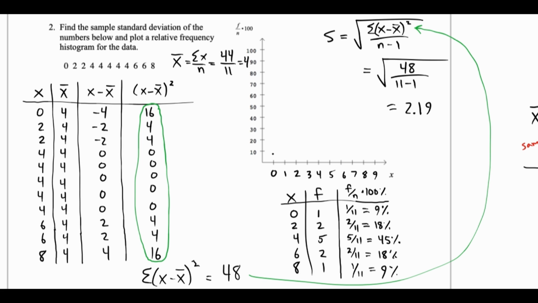Now, we want to let the bars have a height that's equal to their percents shown in the table. So 0 should have a bar height of 9%. 2 should have a height of 18%. 4 would have a height of 45%. Yeah, 6 has a height of 18%.